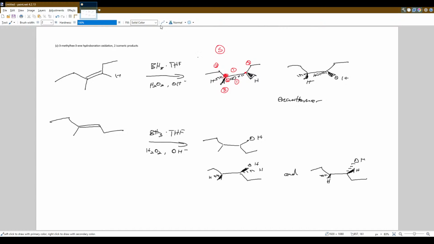Is this also S? I think this is also S. I kind of drew this badly, but it should be S. And so then this one should be R, and this one also R. I'll verify with this part over here: 1, 2, 3, clockwise, pointing into the page. Must be R.